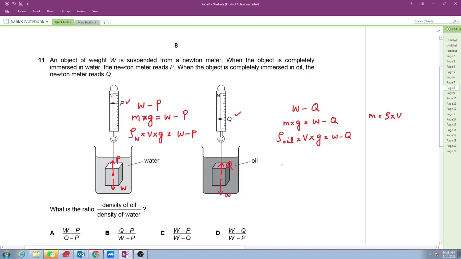Volume of water is equal to volume of oil, and the volume of the block is also the same.